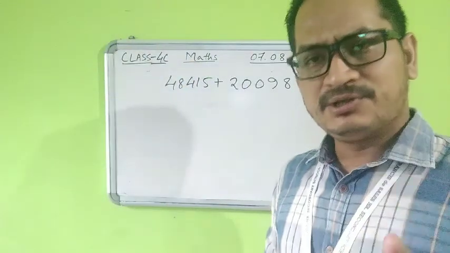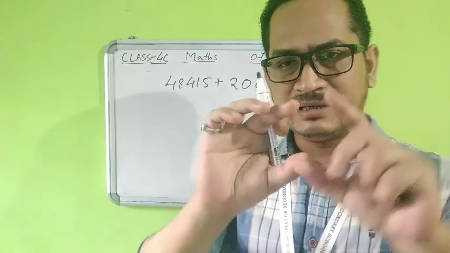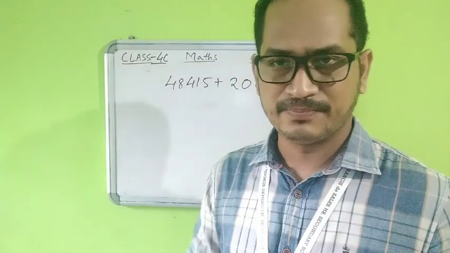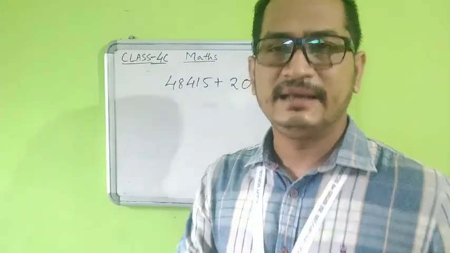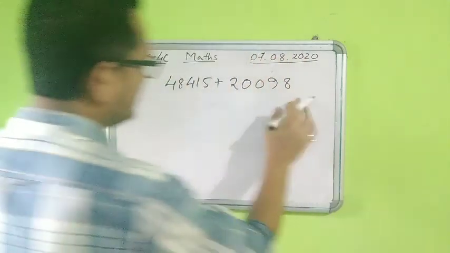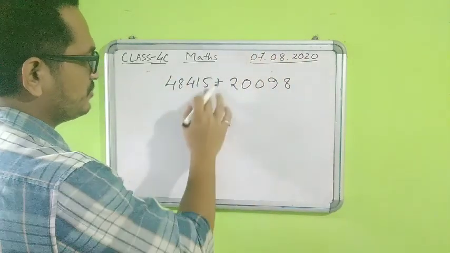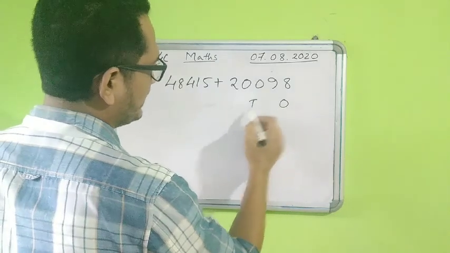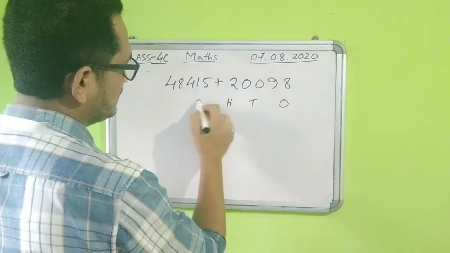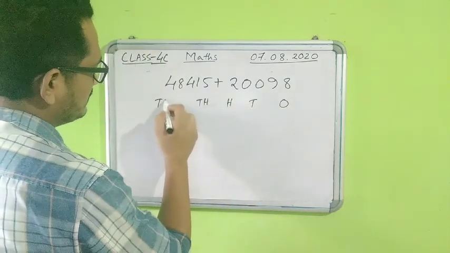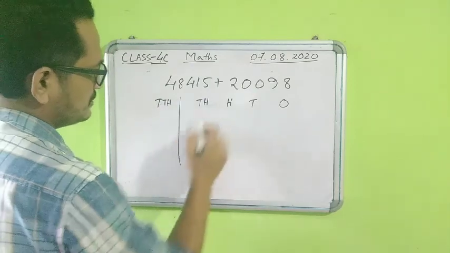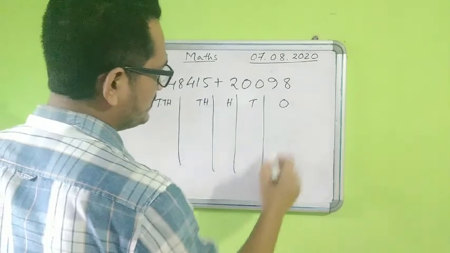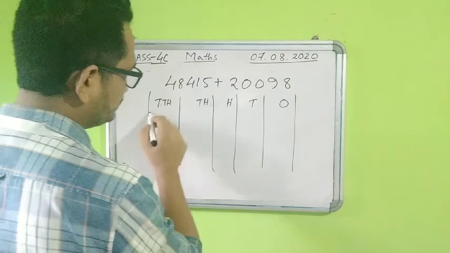In the textbook they write the places first, and then add. If you see the places here, 5 digits: ones, tens, hundreds, thousands, and 10,000. So they are making the place value table.